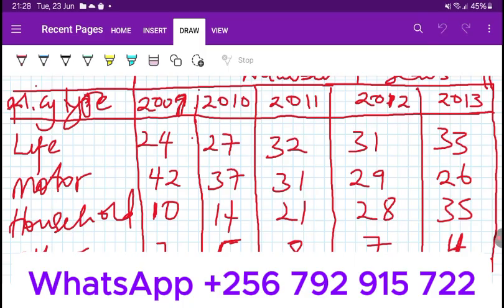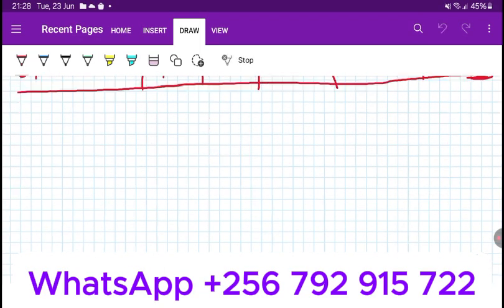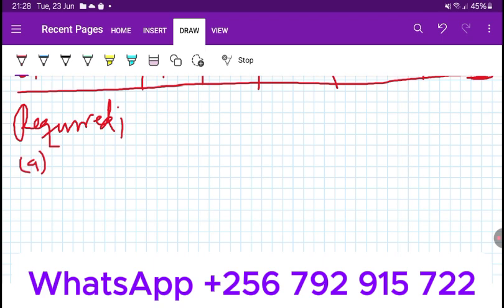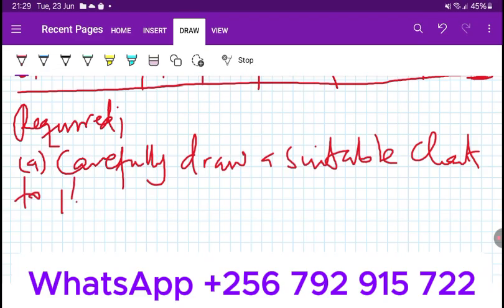Now let's look at the required. Part A, they are saying carefully draw a suitable chart to illustrate the data.